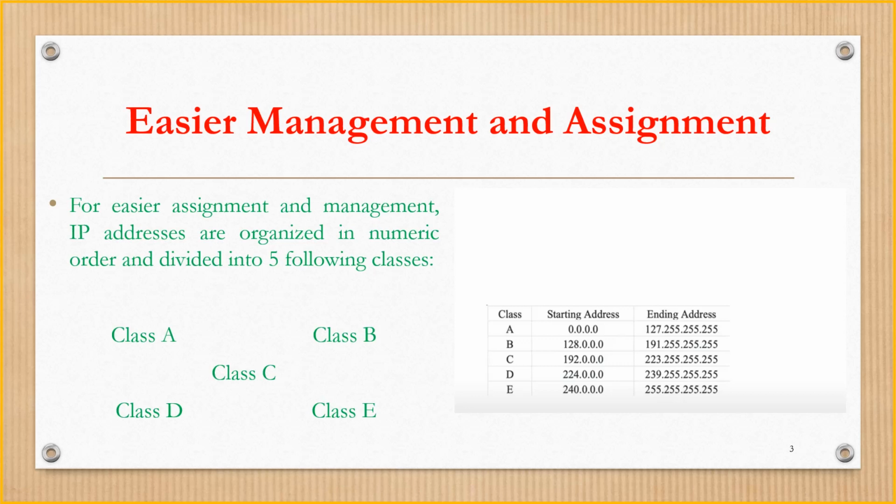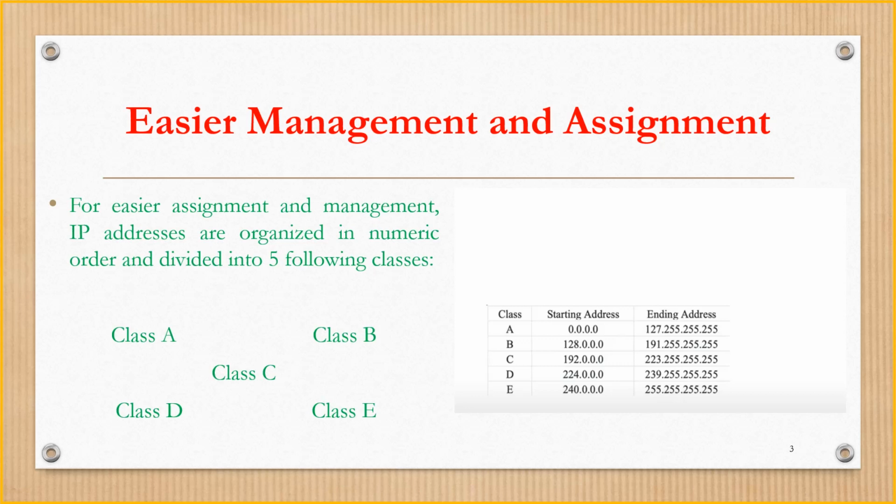Class A has a starting address of 0.0.0.0 to ending address 127.255.255.255. Class B starting address is 128.0.0.0 to ending address 191.255.255.255.